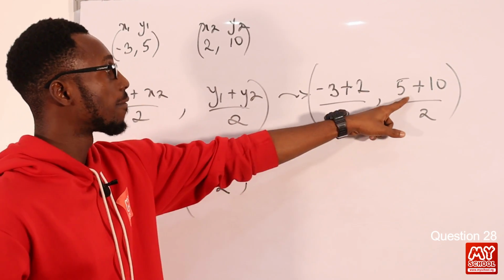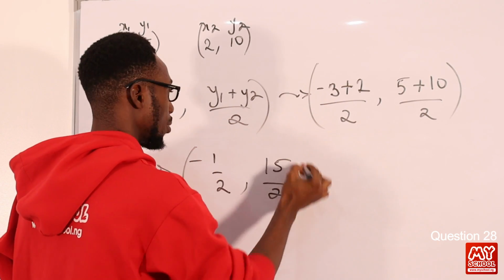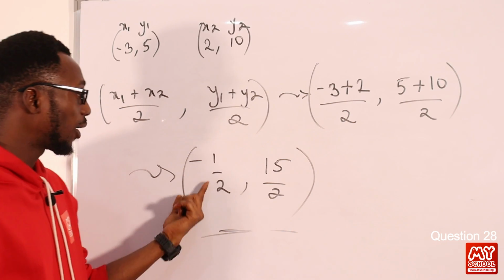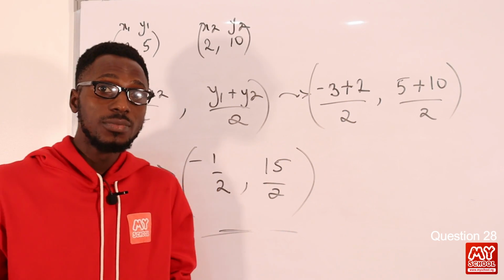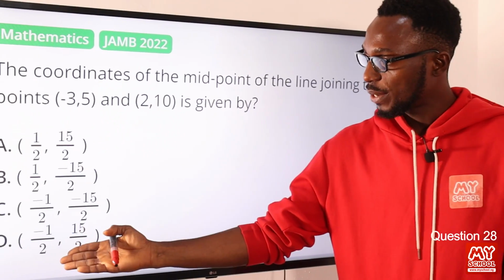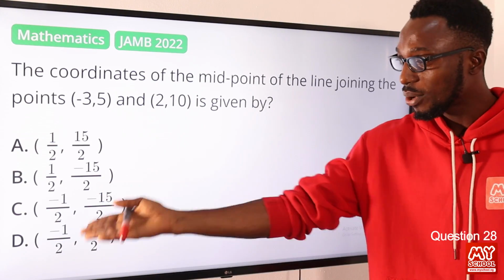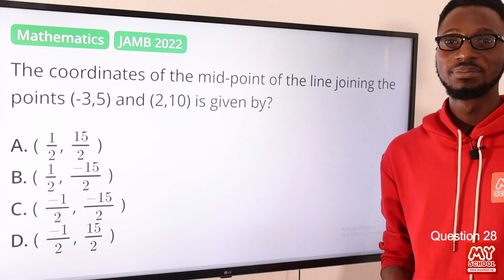Then 5 plus 10, that is 15 over 2. Those are the coordinates we are looking for. So let's run a confirmation. We have minus 1 over 2, 15 over 2. Please be very careful of the signs and the arrangement. So the correct option is option D.